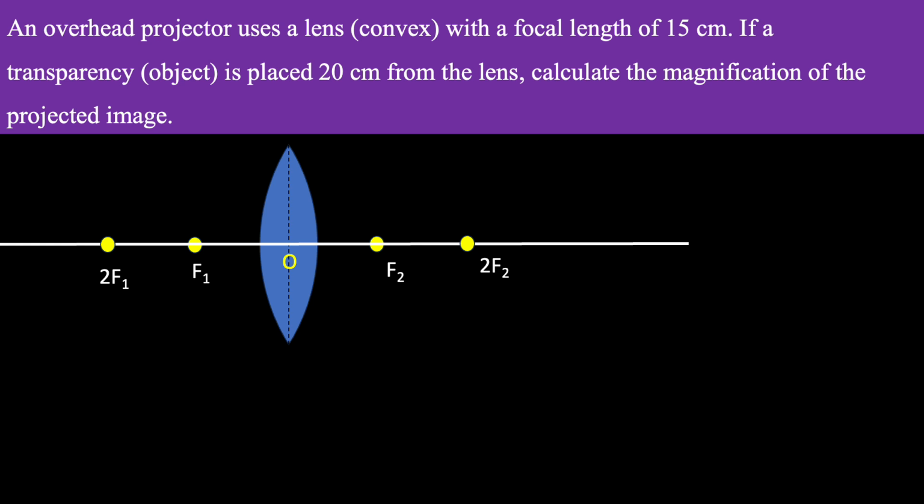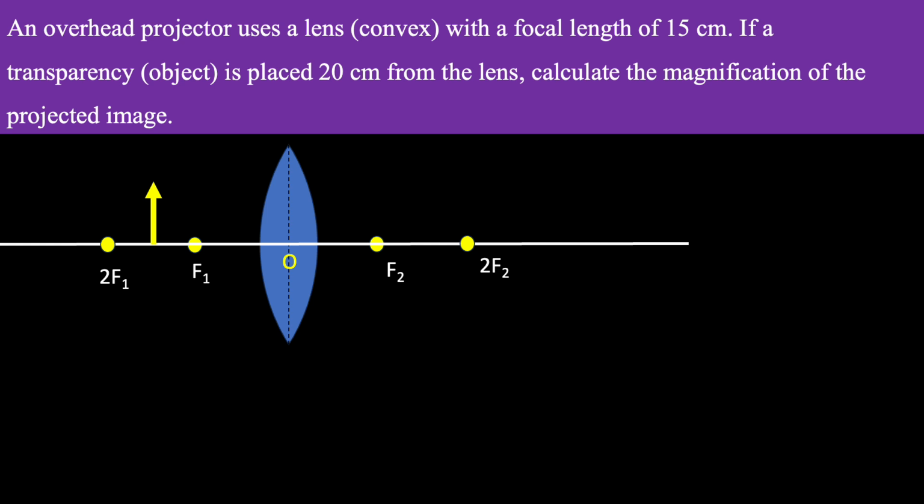An overhead projector uses a lens with a focal length of 15 centimeters. It's a convex lens. If a transparency is placed 20 centimeters from the lens, calculate the magnification of the projected image. So, the focal length is 15 centimeters and the object is placed 20 centimeters from the lens.